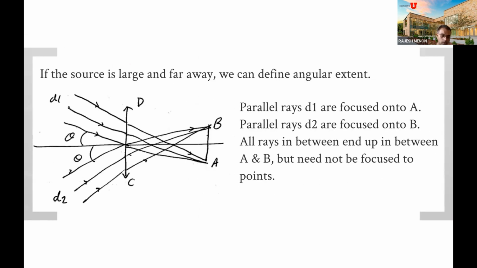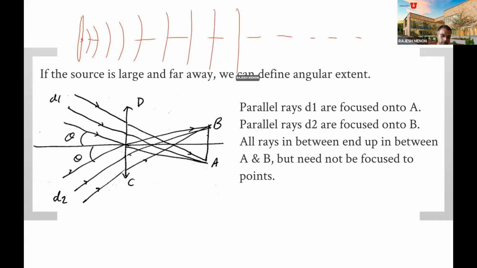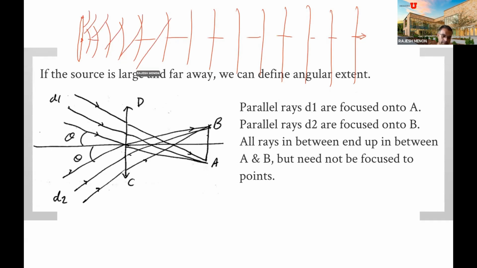Because if you look at the sun, it is big, and if you look at it really, really far away, each point of the sun essentially emits a wave. But as it goes farther and farther away, and you are close to Earth, it basically looks like a plane wave. The point from the center looks like a plane wave going straight like that. The point from the edge will look like a plane wave going like that.